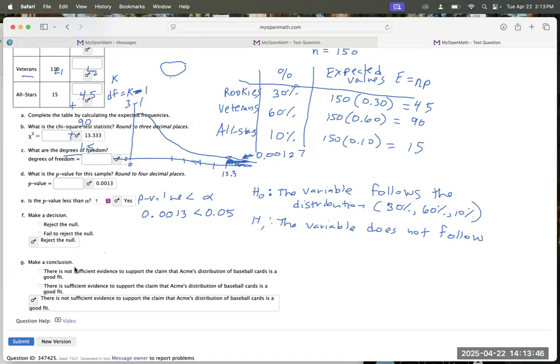They want us to find the one that would match rejecting the null hypothesis and accepting the alternative hypothesis as truth. So the statement that says the variable does not follow the distribution is actually the first statement.